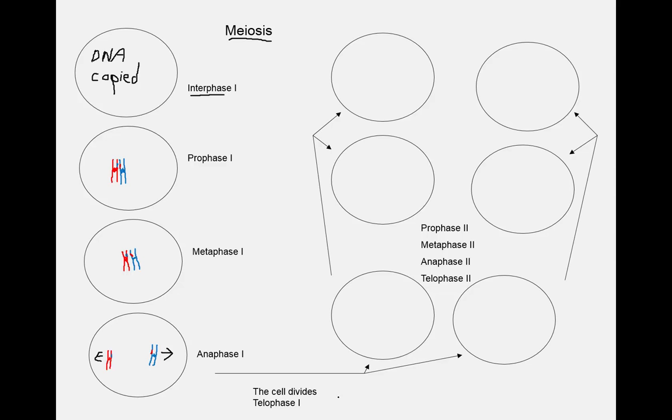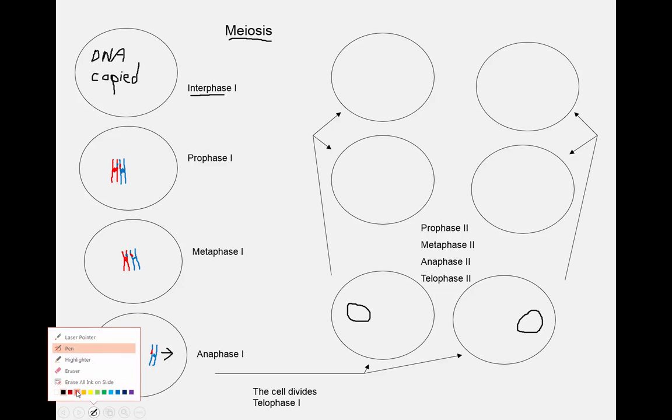And so now in telophase 1, just like in telophase of mitosis, we start to unwind these chromosomes back into chromatin, and we start to get cells that have nuclei in them, right? And so let's see, I'm just going to draw this here.